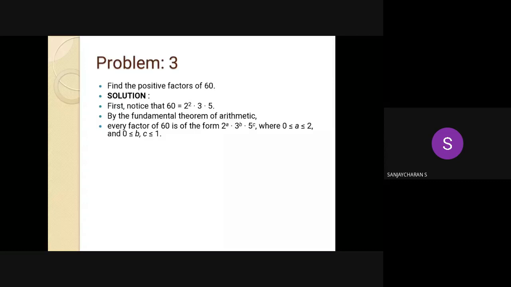The powers of 3 and 5 are 1, so b and c vary from 0 to 1. I have to collect all such combinations, which are nothing but the positive factors of 60. How do you write the various factors? I will show you.